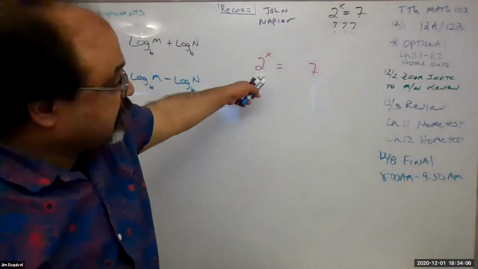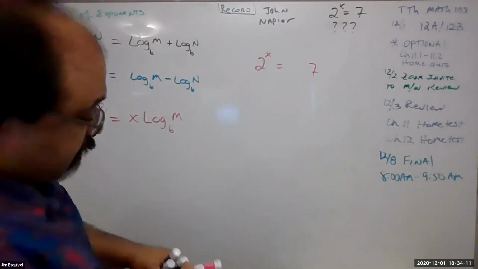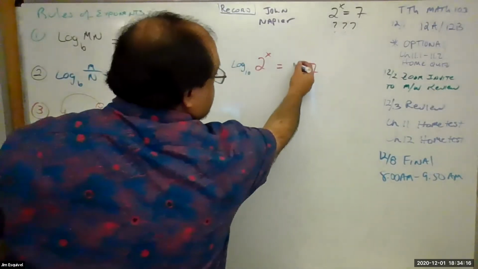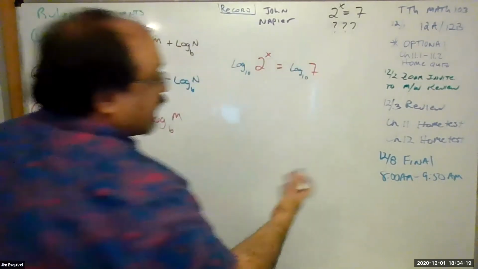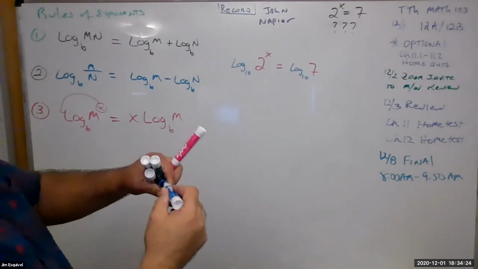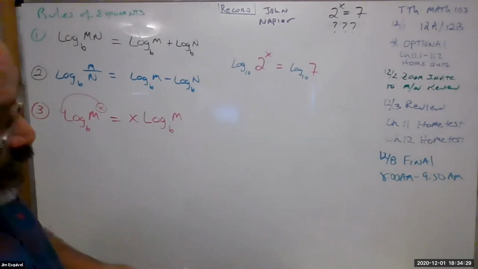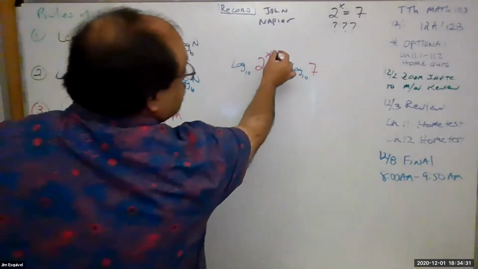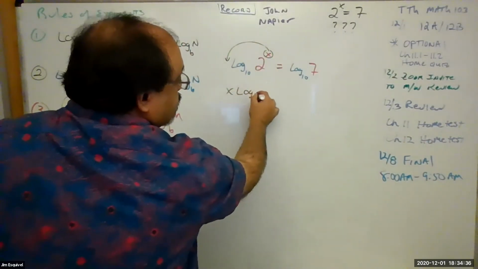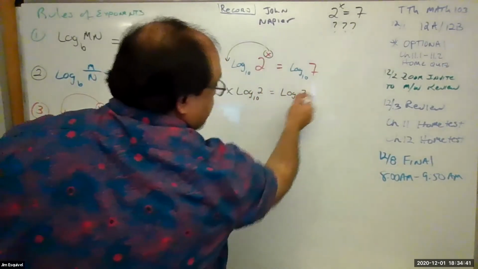Since these are the only two buttons I could press on a calculator, when I would do this kind of question right here, I would only take, for instance, log base 10 of both sides, because that's the only kind of button I could press on a calculator, because I would want to plug it in on my calculator. But what that allows me to do is Price is Right property. Come on down. This is now x times log base 10 of 2 equals log base 10 of 7.